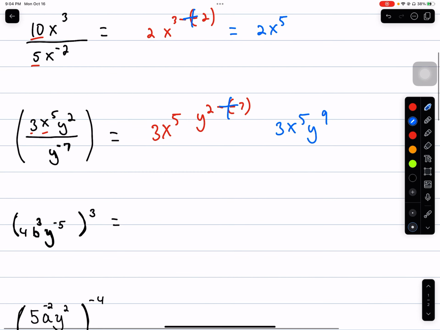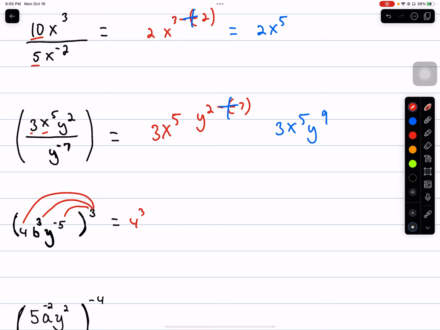This is some of the questions, something that you would have seen in your test. Again, this is a power for power. So this is 4 to the 3rd. There's an invisible power of 1 here.